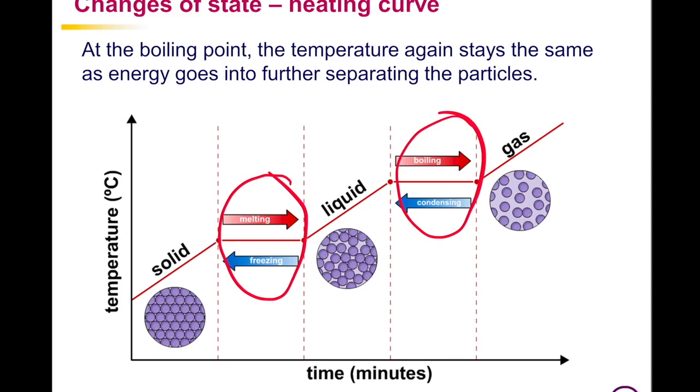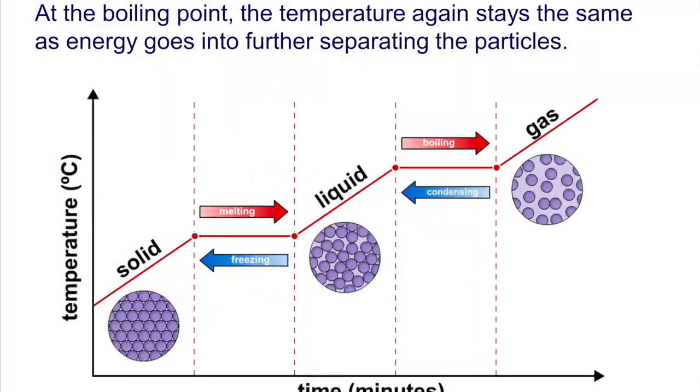So whenever you have a change of state, for instance, whenever we're going from solid to liquid, melting, the temperature remains constant. Same applies if you're going to freeze something. So the temperature remains constant as long as there's a change of state taking place. Once you turn to the liquid, then the temperature starts to rise again. So this kind of graph, as we've said, is a heating graph.